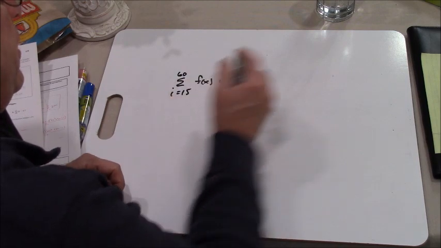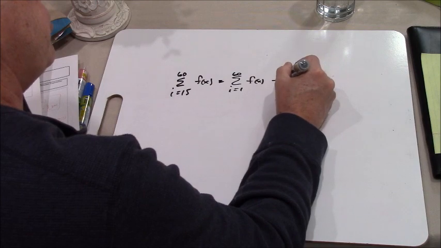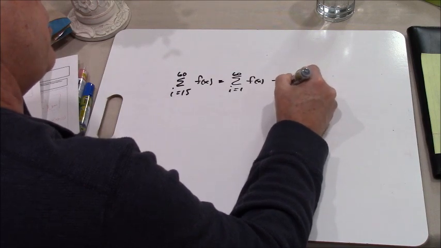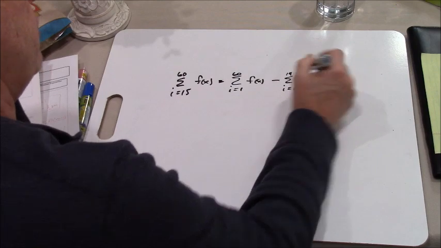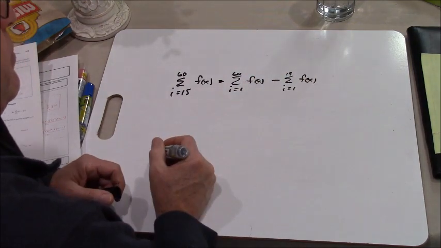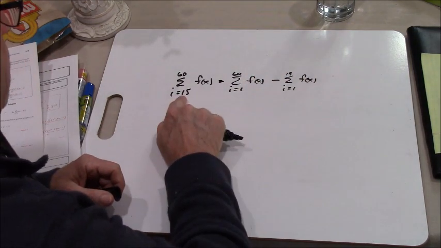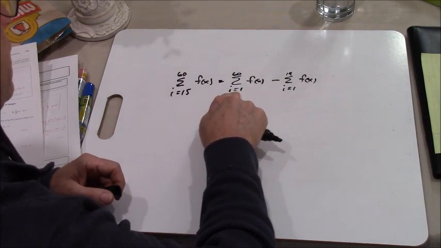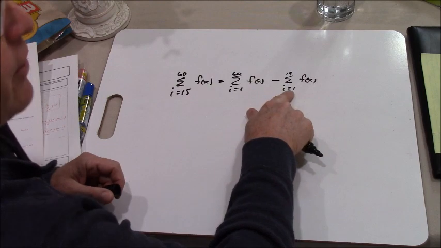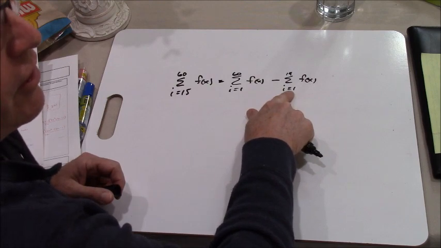I want to start at 15. So what I'd do is go back and subtract the summation for i equals 1 to 14 of, again, whatever this function is. And that's the way you get around it if it doesn't start at 1. We just say, let's go ahead and do it from 1 to 60, but I really didn't want the first 14 terms. So I'll subtract those.